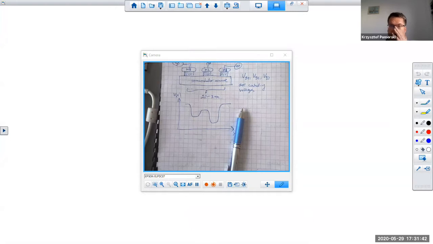This is one of the topics for today's considerations. But before doing it, I will spend some time on analysis of the properties of semiconductor qubits.